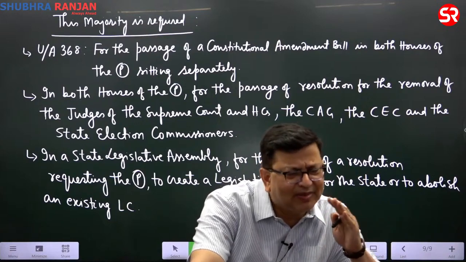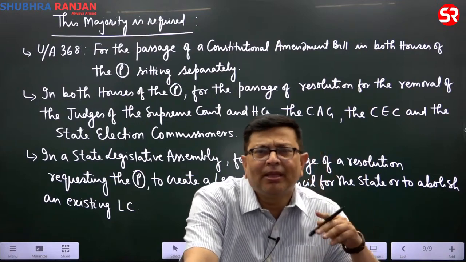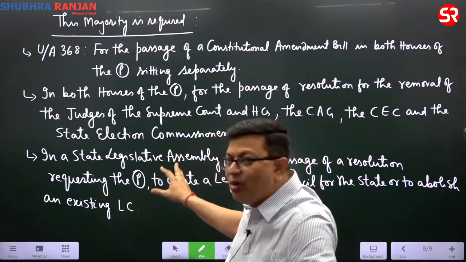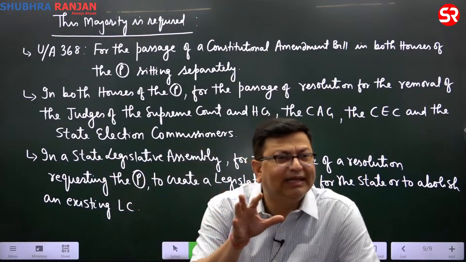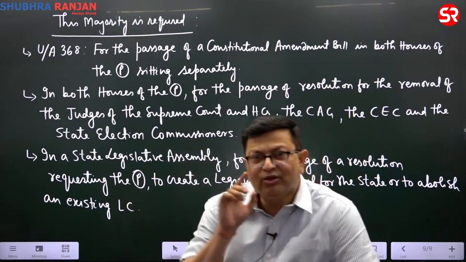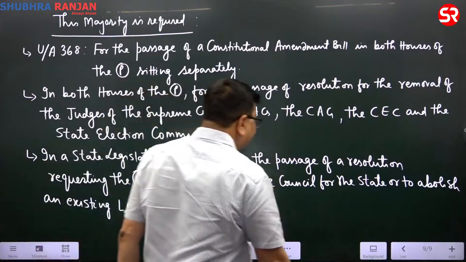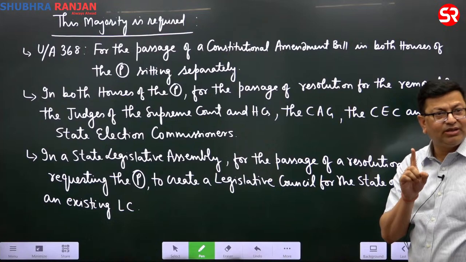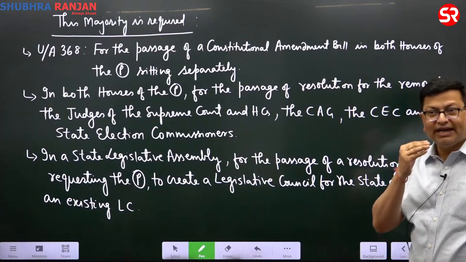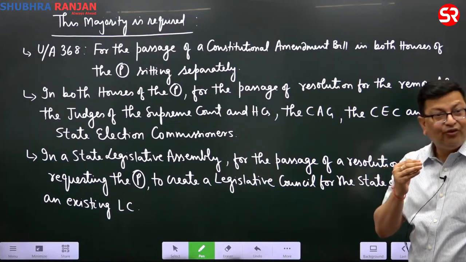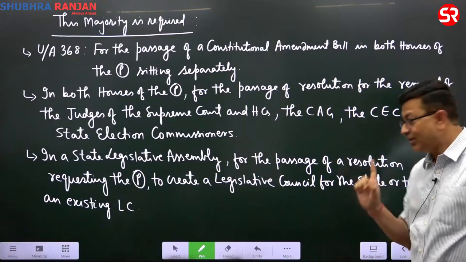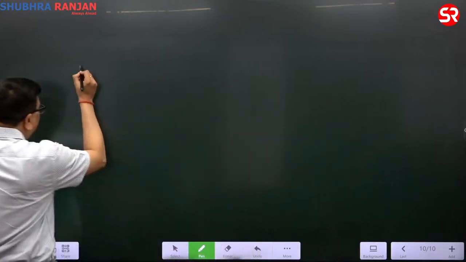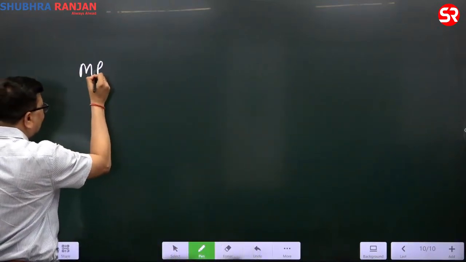I'll be discussing these aspects in detail in the coming classes. Now, here the third point that we have written is how a legislative council is to be created. For the creation or abolition of the legislative council in a state, the state legislative assembly will have to take the initiative. For example, suppose a legislative council is to be created in Madhya Pradesh.